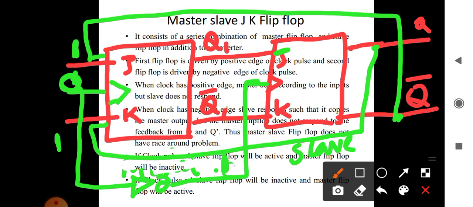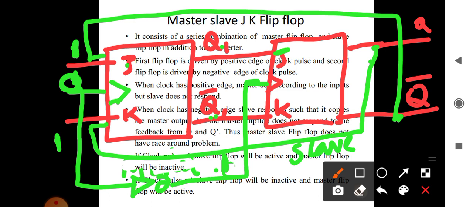So when the 1 1 condition occurs, Q and Q complement start to change instantaneously, but the output will not be fed to the input of the JK flip flop. The slave will be inactive.